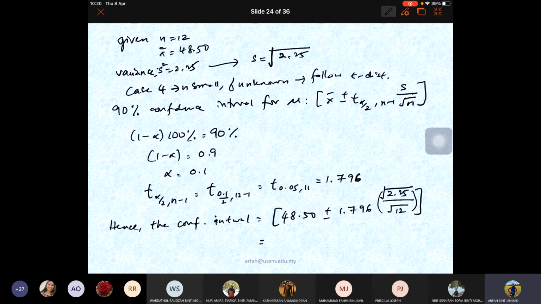Kan? Cuba kira. Sama. Okay. So sorry for the mistake sebab the question state it's a variance, not the standard deviation. So dapat 47.722 dan juga 49.278. Okay.